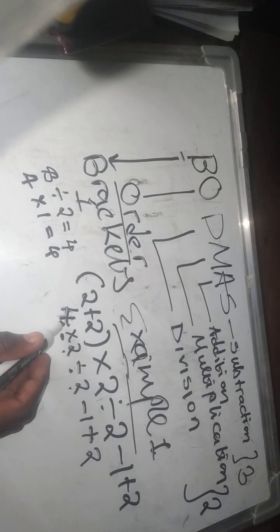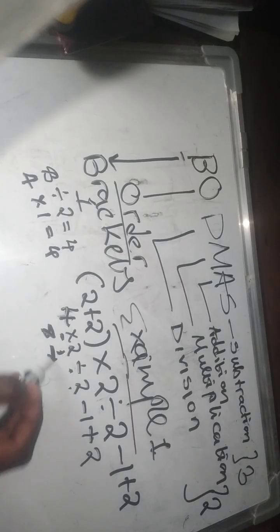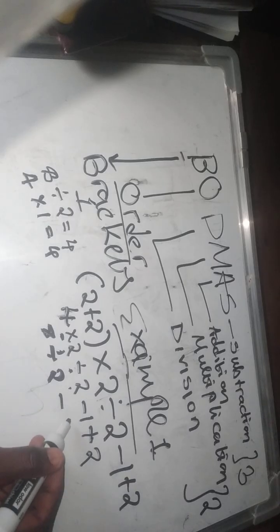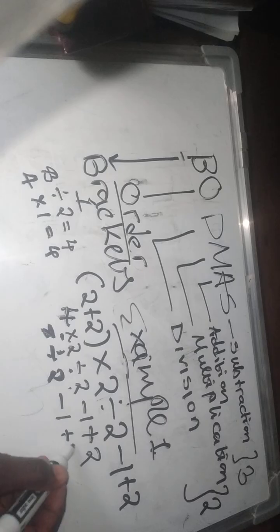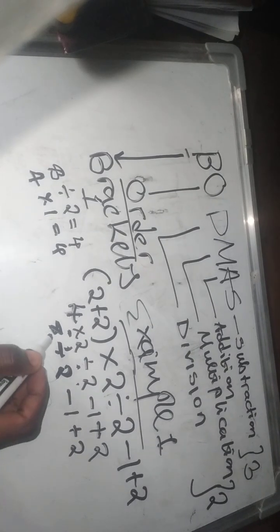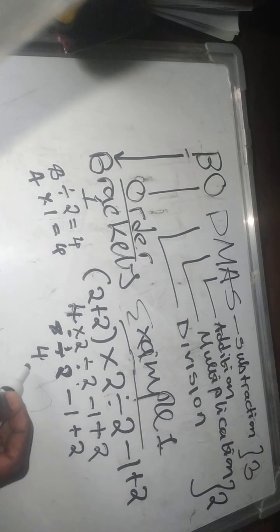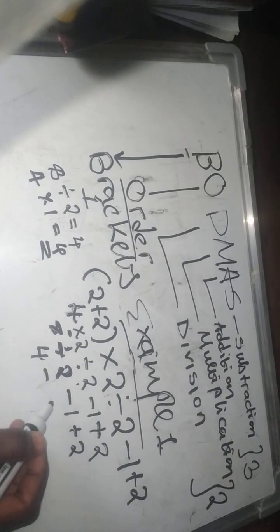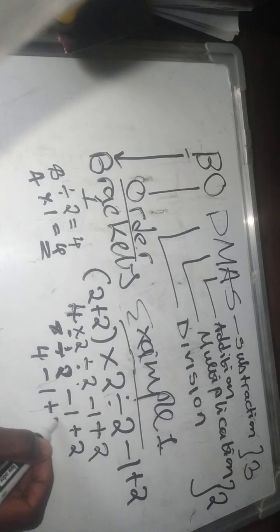So in this case, we have 8 divided by 2, which gives 4 here. And then we say minus 1 plus 2.